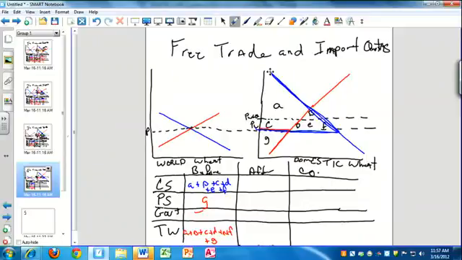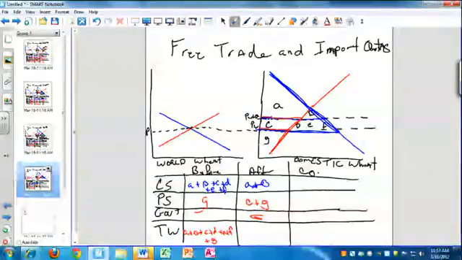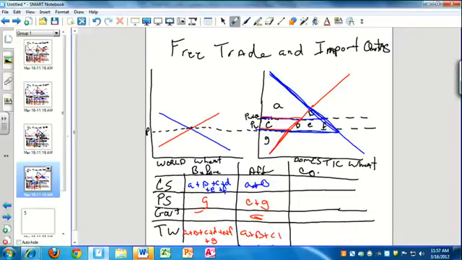Well, it's everything above that new price with quotas, to the left of the quantity, which is A plus B. And the producer, everything below the price to the left of the quantity, which is C plus G. What's the government getting? Nothing. That's not a tax. It's simply a restriction on the amount coming in. The total welfare then at this point is A plus B plus C plus G.